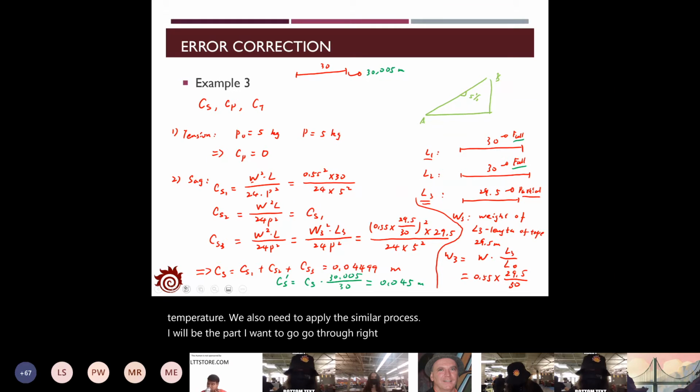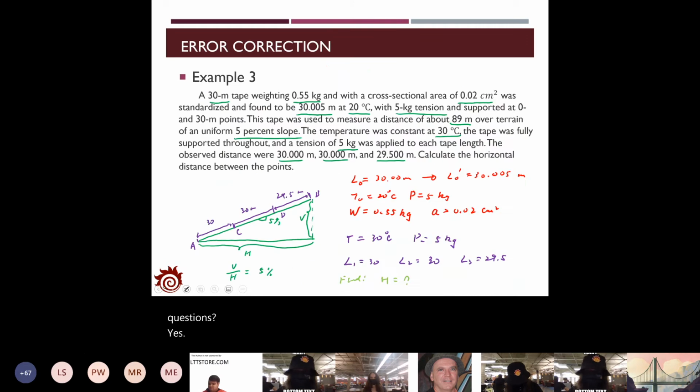Is there any other questions? Professor, yes. How do we know that it was 30.005? What if it was just measured at 30 and then the rest wasn't used? Because I don't think the question states that the full tape was used and then it says 30. It just says 30, 30, and then the smaller measurement.